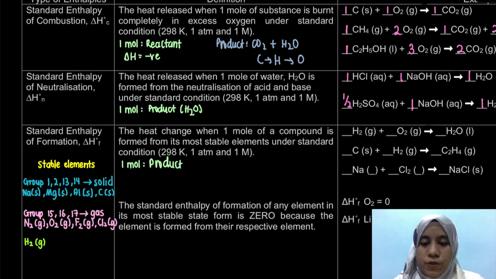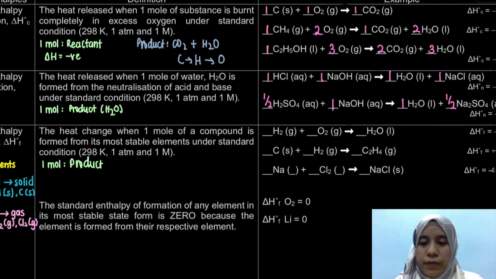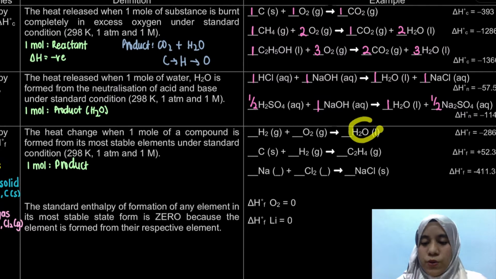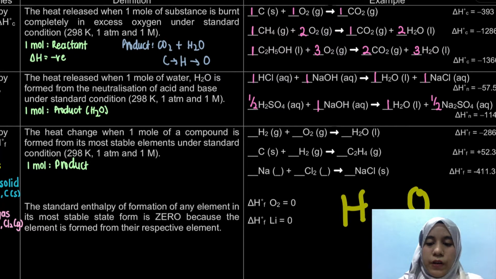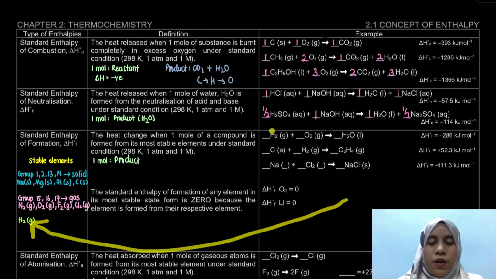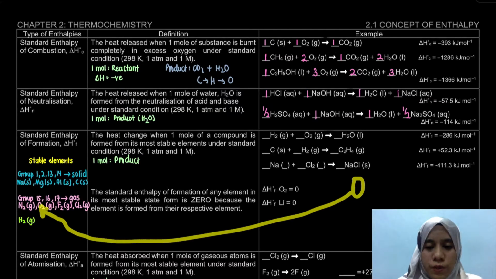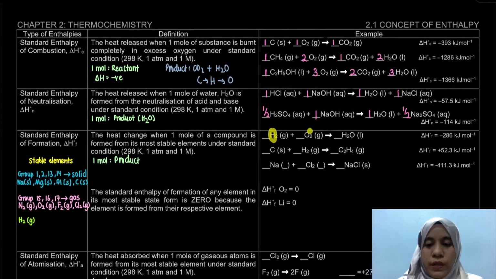Okay, so without further ado, let's look at the example. So this is the enthalpy of formation of H2O. H2O is originally from H and O. But for hydrogen, it must be H2, so that's why here H2. Oxygen is from O2. So that's why the equation is H2 and O2.